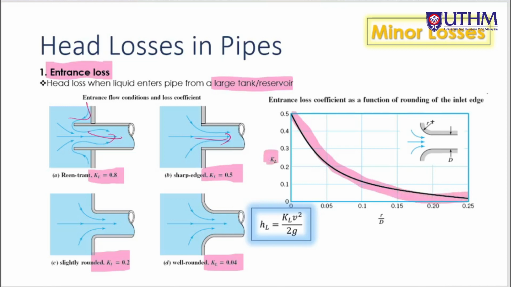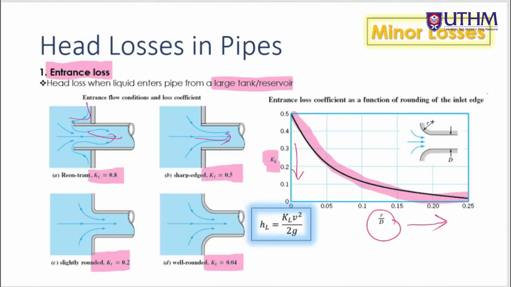The value of KL will be reduced as the radius R over diameter increases. This means the bigger the radius, the better. Bigger radius, better.